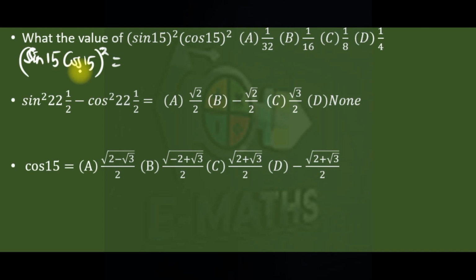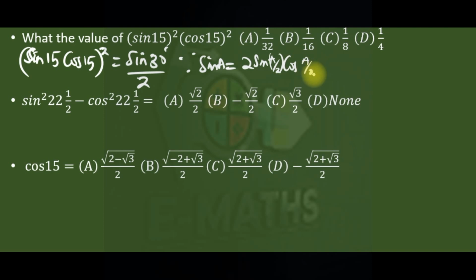And this sine 15 cos 15, we can write it as sine 30 over 2. Yes, because from our half angle formula, sine a is 2 sine a over 2 cos a over 2.